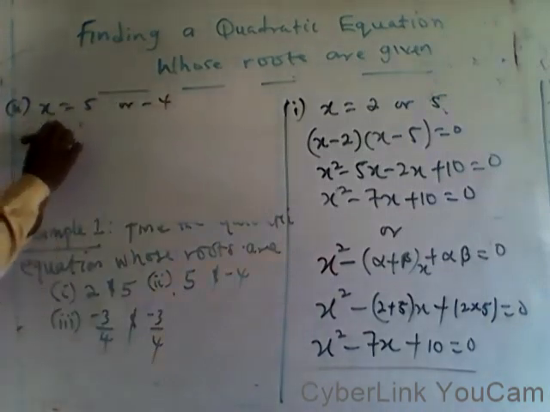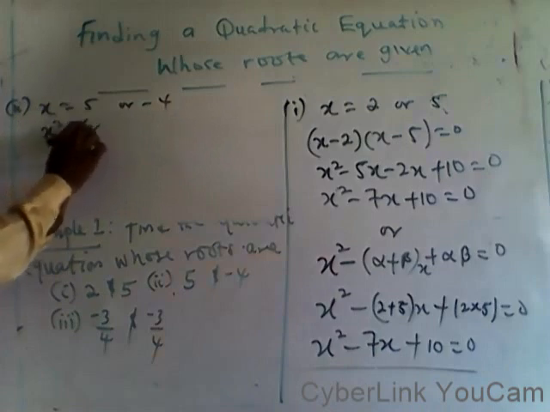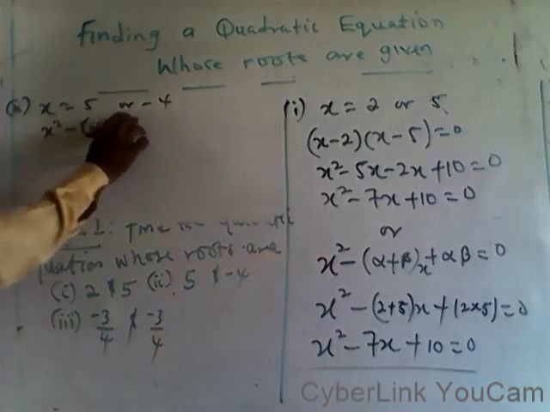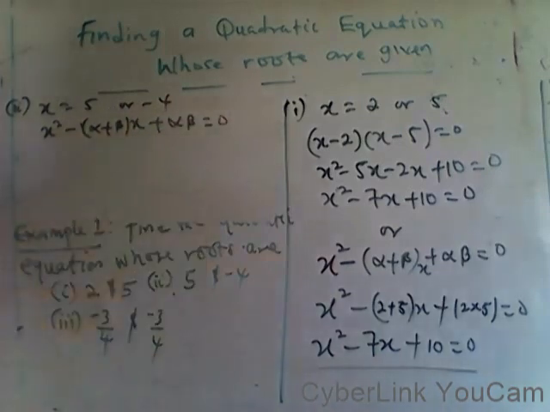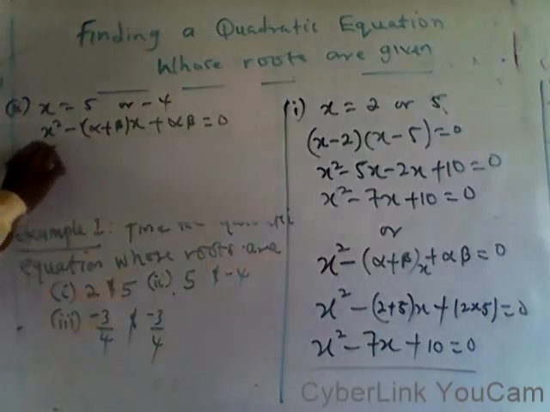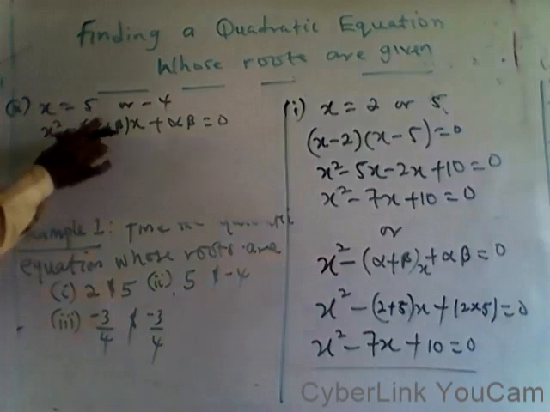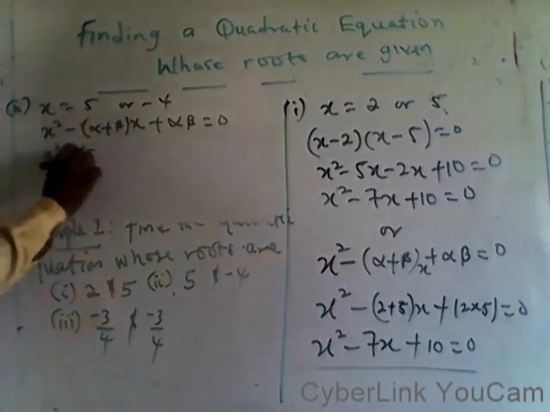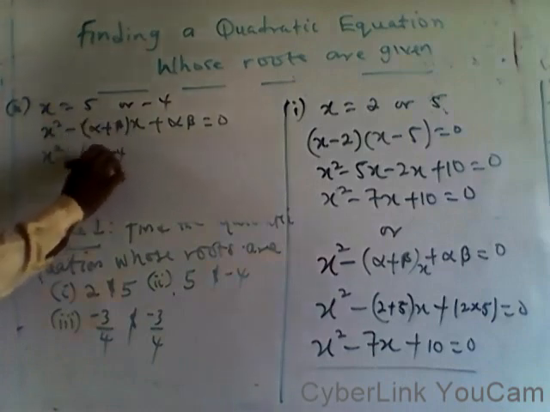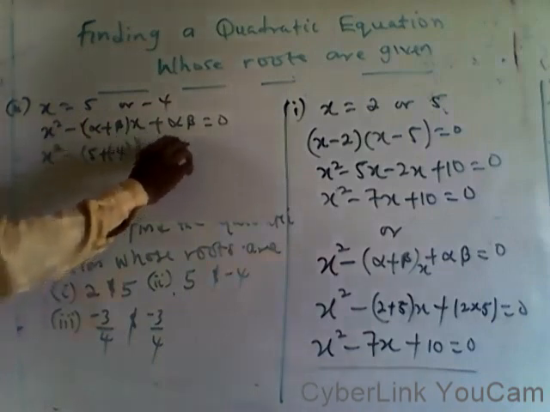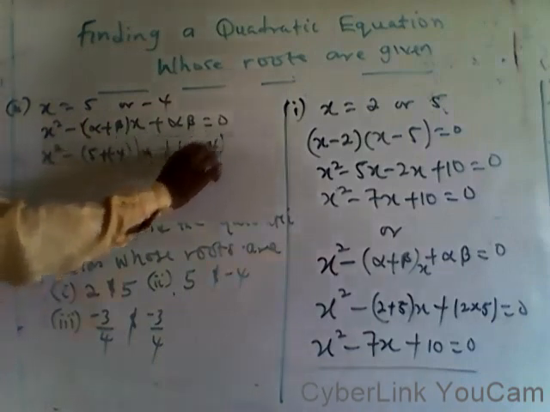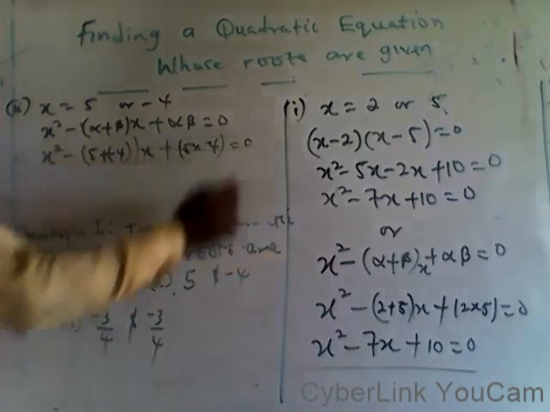The equation is x squared minus (alpha plus beta)x, then plus alpha beta equals 0. So we are going to have x squared minus the sum of alpha and beta, that is 5 plus minus 4, then x, then plus 5 multiplied by minus 4 equals 0.